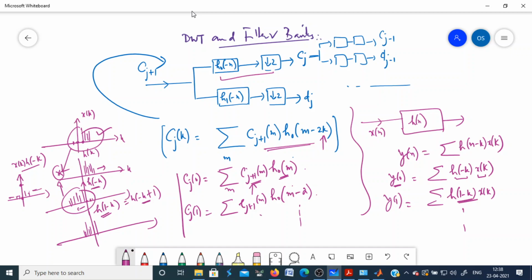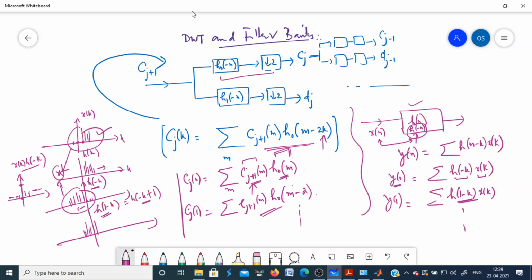Now if you relate this equation with the equation of convolution, what is the difference? You are multiplying the input sequence with h naught of m, not h naught of minus m. It means you can assume that the impulse response of the filter is h of minus n instead of h of n. When you find the convolution between the two signals, the convolution operator will fold one of the sequences. So if it folds h of minus n, it will again become h of n.